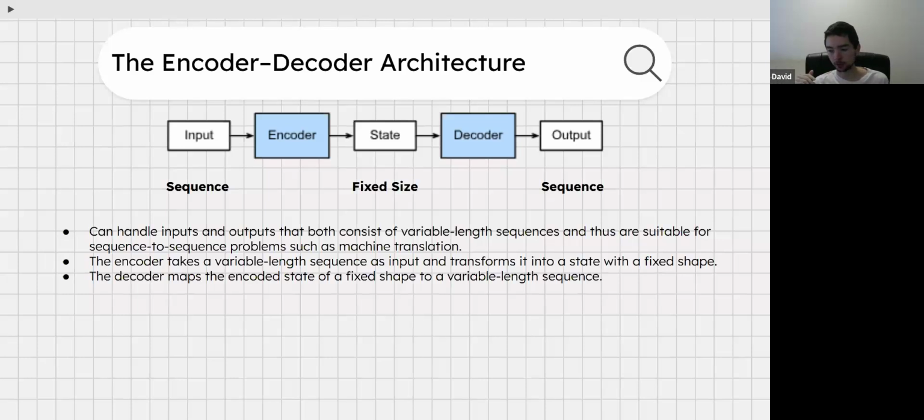The example in the StatQuest videos was vamos. Let's say I'm saying we go somewhere. In English, we go is 2 words, but in Spanish, vamos is 1 word. So we want to have a prediction architecture which allows the input sequence and the output sequence to have a different length.